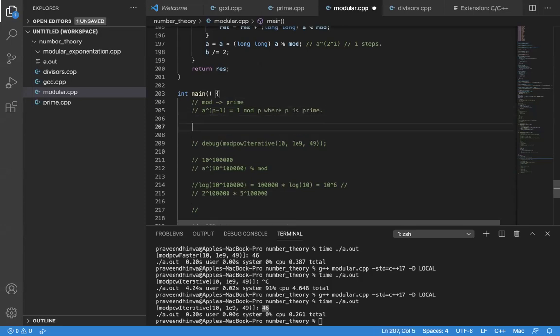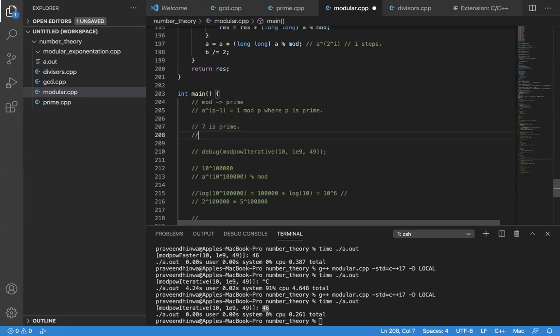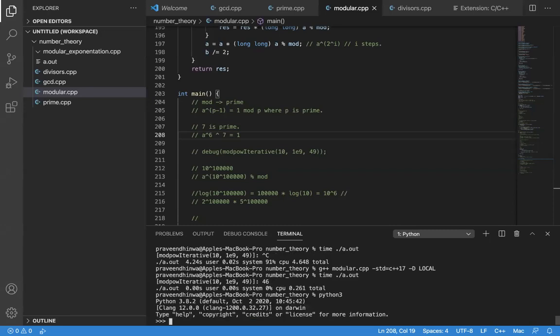So suppose 7 is prime. Whatever number you take, if you do its power 6 modulo 7, your answer will always be 1. This is a property of prime numbers. So let's do that. 1 power 6 mod 7 is 1 clearly. What is 2 power 6 mod 7?